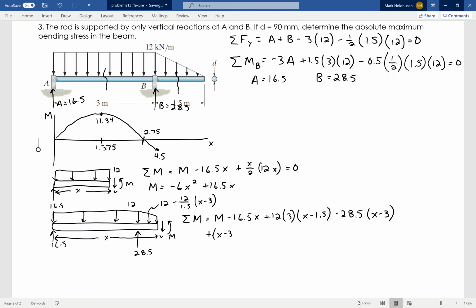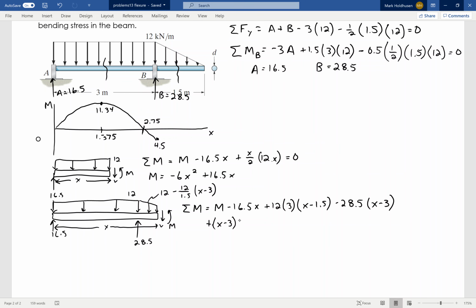So x minus 3, and then I need the height, which depends on where I am on x, which is going to be that equation I just came up with, 12 minus 12 over 1.5 times x minus 3. Now I need the location, which is going to be the midpoint of that x minus 3 piece. So that'll be x minus 3 over 2.